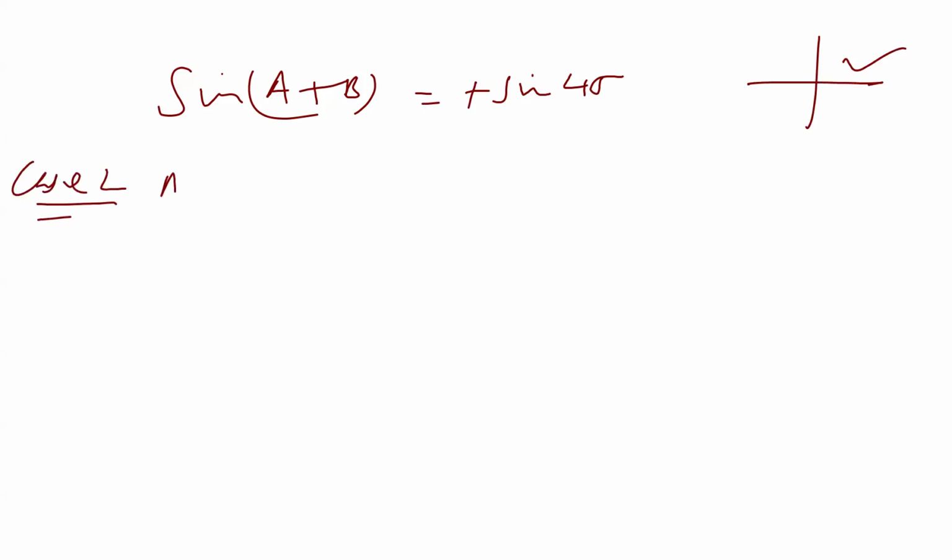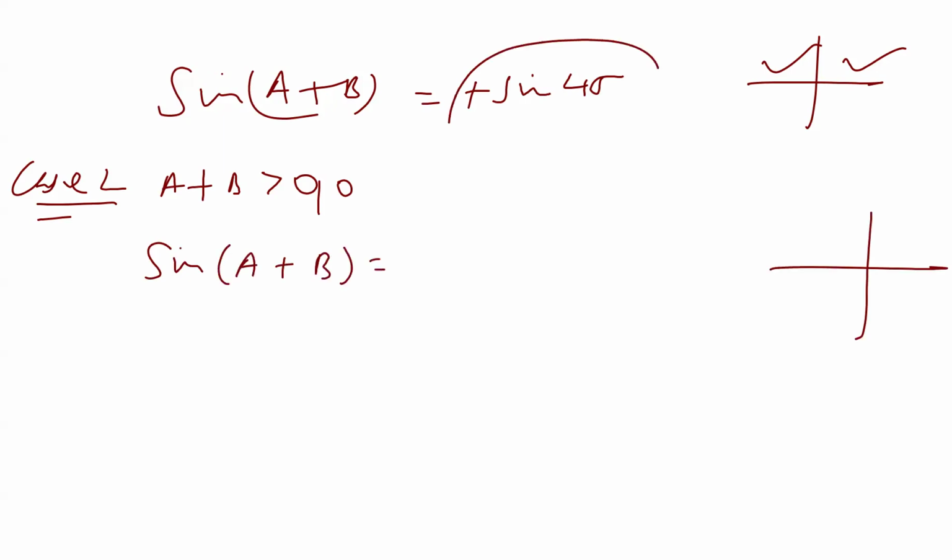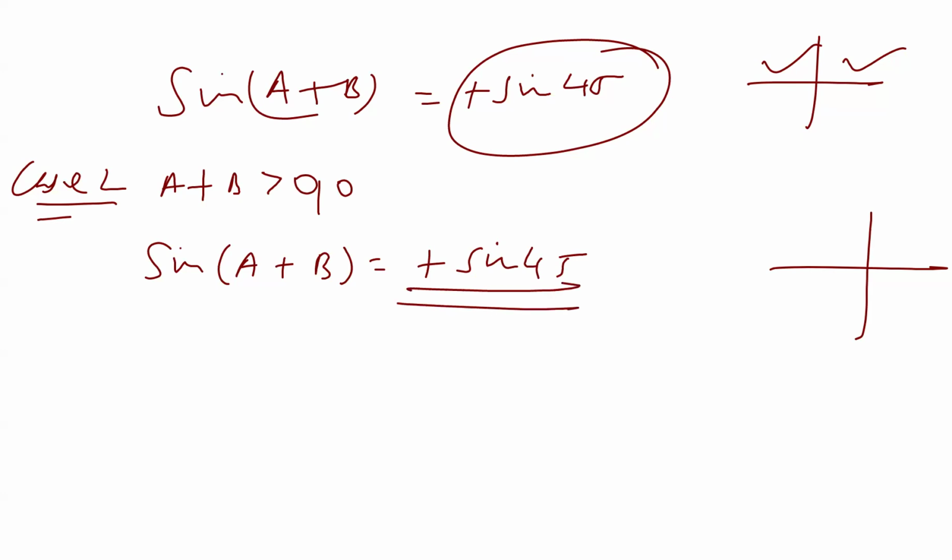Case 2: A plus B can be greater than 90 also, in the second quadrant. Acute plus acute can also be obtuse. So sin should remain sin.